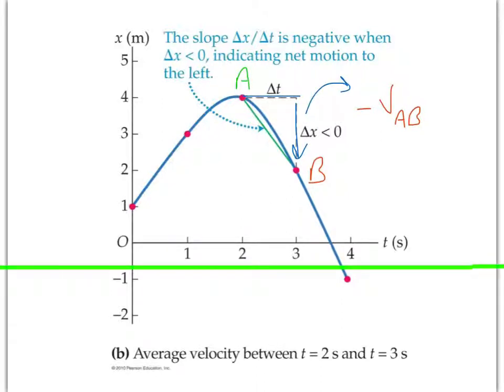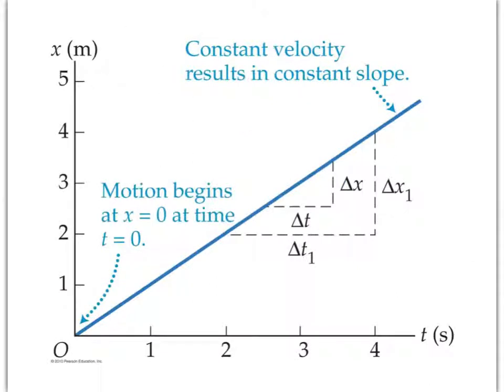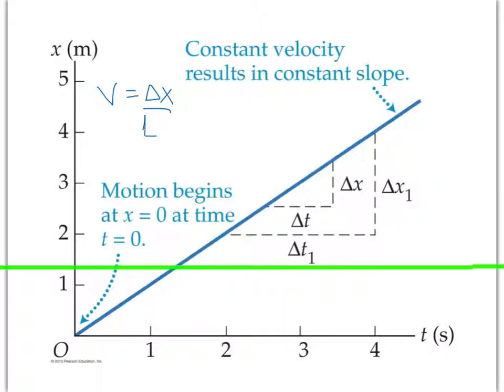But let's say, for example, that we have a constant velocity. Now, this graph right here wasn't constant, was it? You went forward, then stopped, and then came backwards in the negative direction. But this graph right here is constant. Why? Because we have a constant slope. We define velocity as the change in displacement over the change in time.